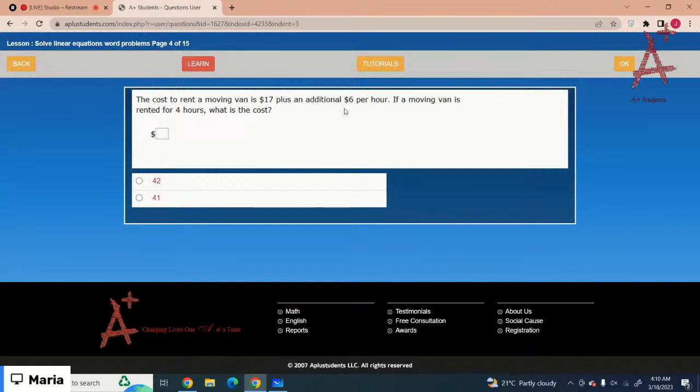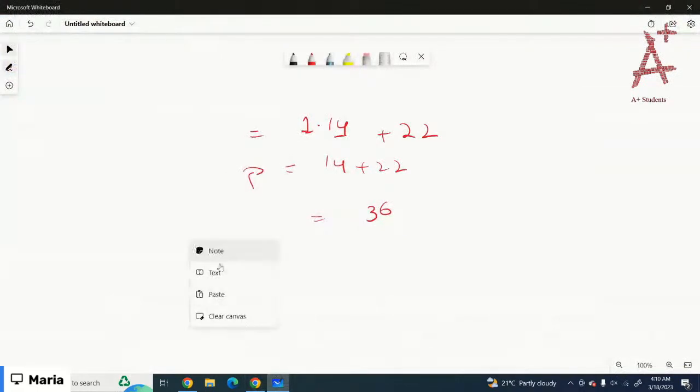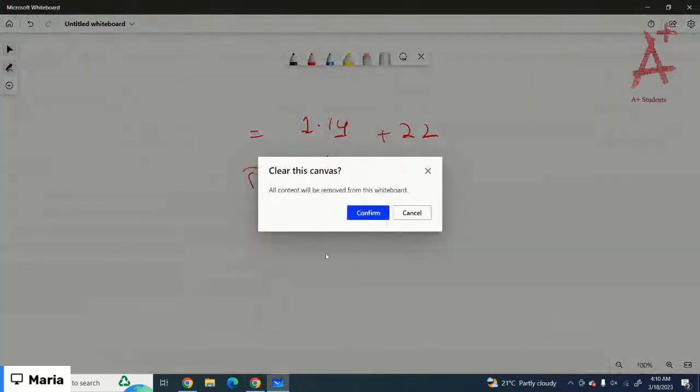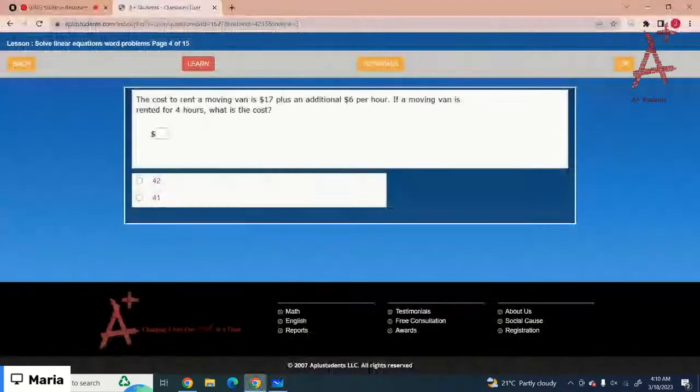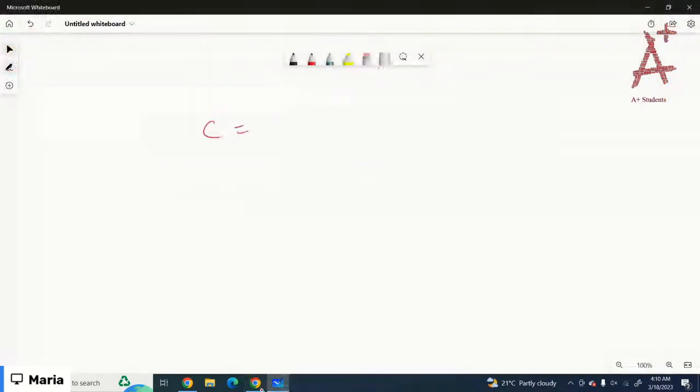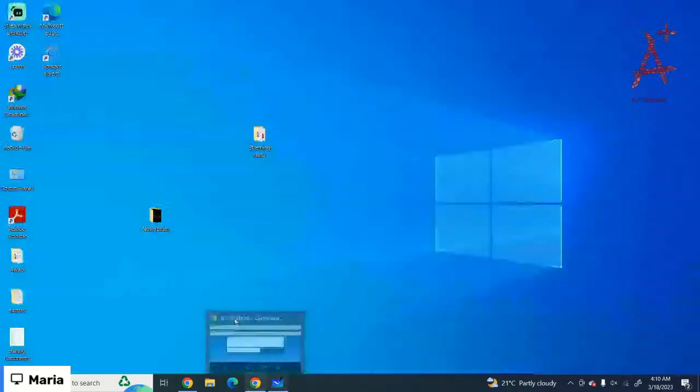okay, $17 plus an additional 6. So it would be, basically the equation is C equals 6x plus 17, where x is for the hours. So now you have to calculate for how many hours.